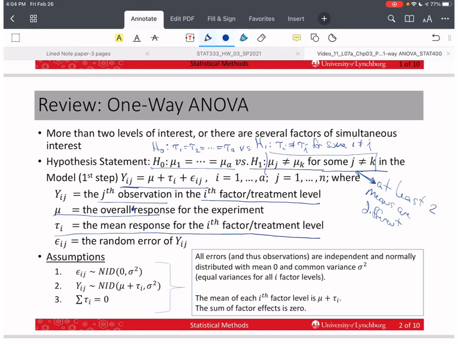So right in here goes the word mean. So it's the overall mean response in the whole experiment. And epsilon ij is the random error of the ijth situation or cell, or the Yij observation if there's only one of them.